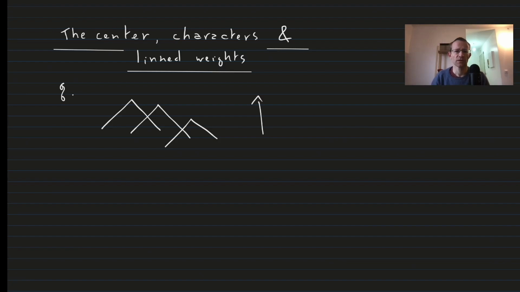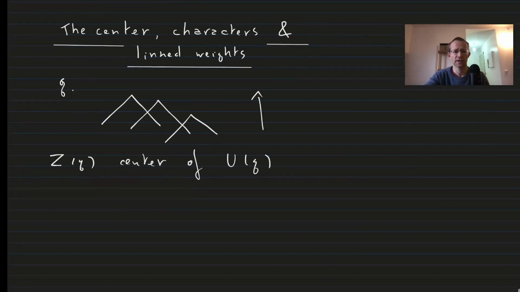So in these modules, we want to find some structure, and we do this by studying the action of the center of the universal enveloping algebra, Z. So this is the center of the universal enveloping algebra of G. And we'll study the action of the center on such representations.